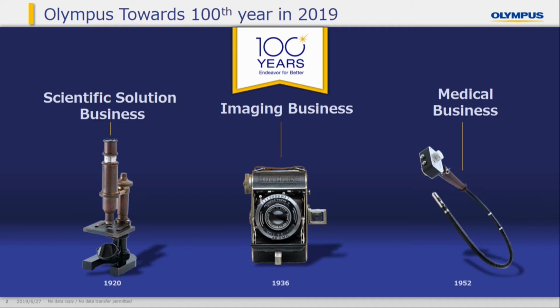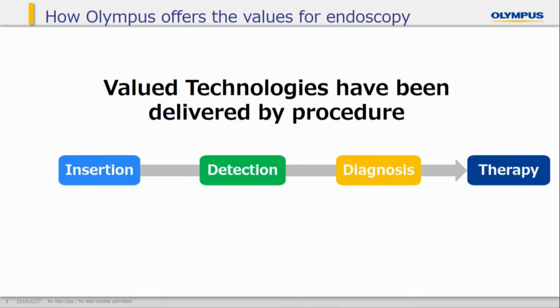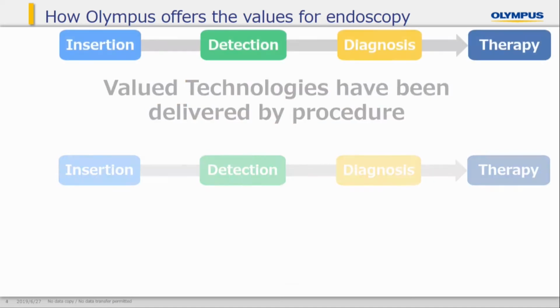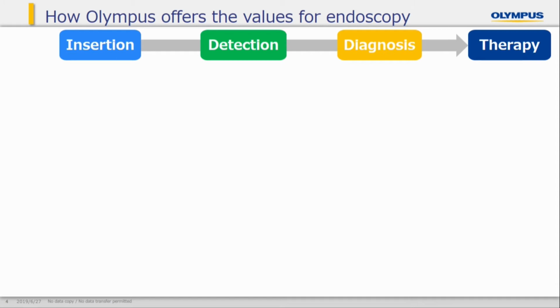Since then, we have developed a lot of features, from the gastro camera to the fiberscope, as well as from the fiberscope to the videoscope. So we have more than 60 years of experience in this field, and I can say we have developed a lot of features to follow your endoscopy examination: insertion, detection, diagnosis, and therapy.